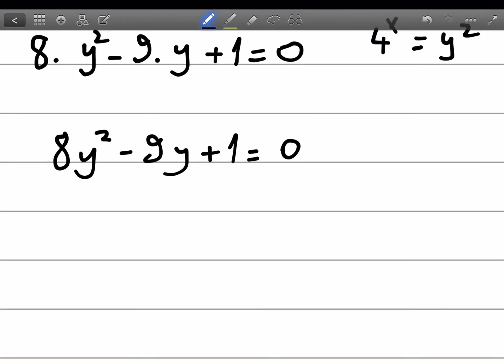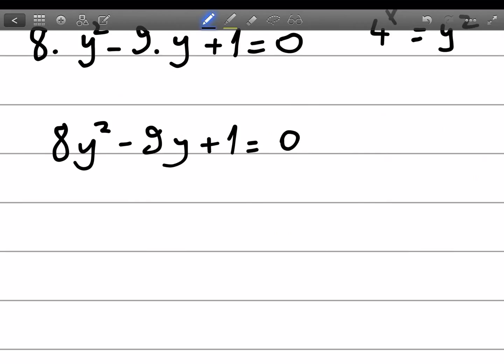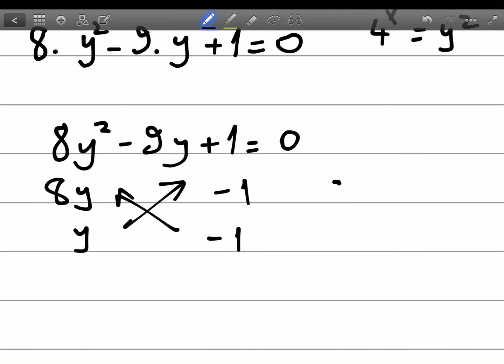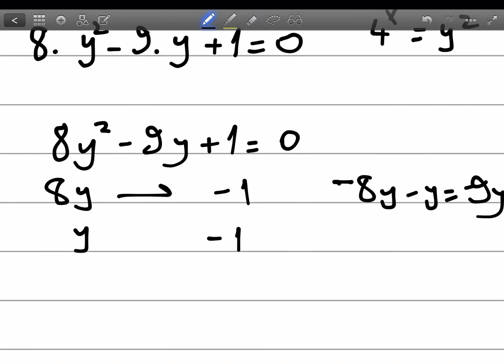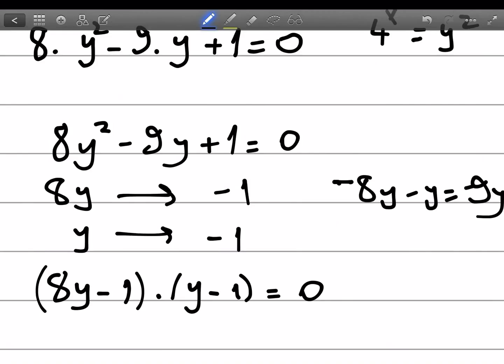We have to solve this quadratic equation. 8y and y, minus 1, minus 1. We checked. Minus 8y minus y will give the middle term. Then we can write these terms side by side: 8y minus 1 times y minus 1 should be 0.